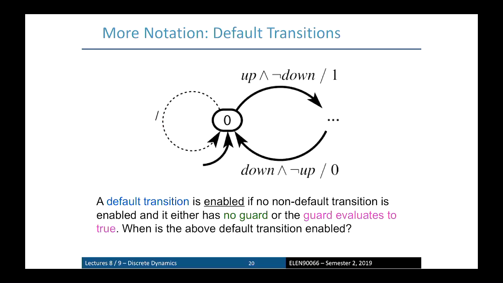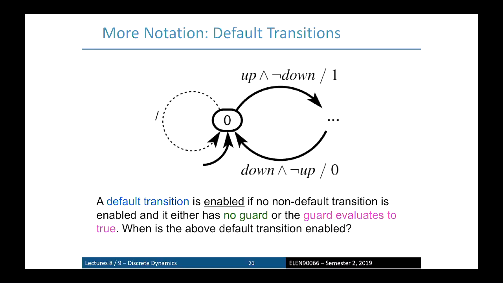All that it does is it's enabled implicitly if no non-default transition is enabled. So in other words, if this condition here is not met, up and not down, so up being present and down not being present, then we implicitly stay there. So there's a default transition to stay in the state.